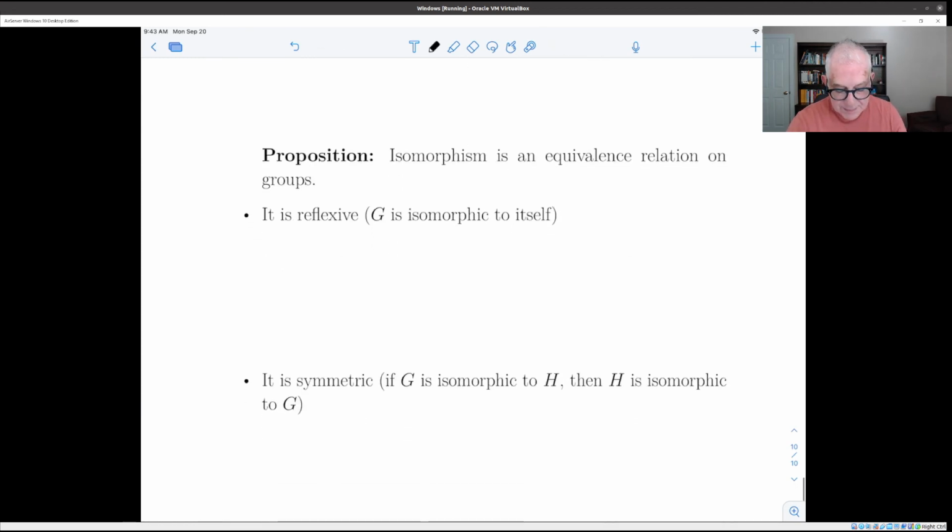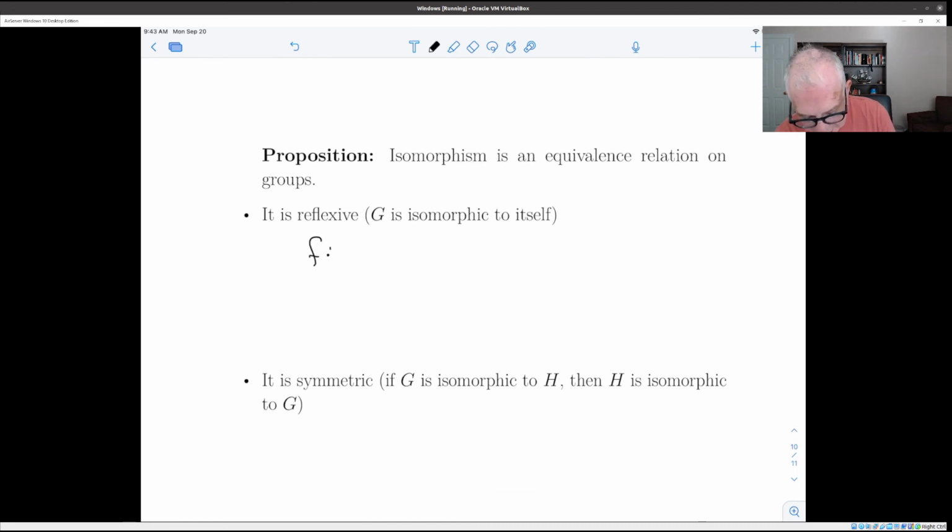And if you put all this together, what you find is that, in fact, isomorphism is an equivalence relation on the set of all groups. In other words, we can divide up groups into equivalence classes by isomorphism. And so remember, to check that it's an equivalence relation, we need to check the three properties: that it's reflexive, symmetric, and transitive. To be reflexive is to say that G is isomorphic to itself.